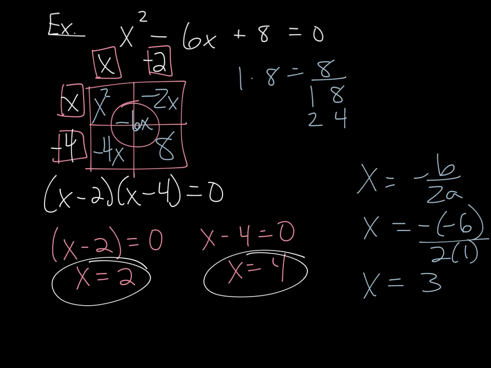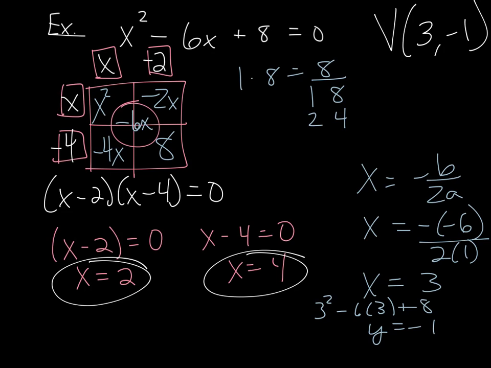And then I'm going to plug it in up there, and I get 3 squared, which is 9. Okay, so I'm doing this 3 squared minus 6 times 3 plus 8. So I have 9 minus 18, which would be negative 9 plus 8 would be negative 1. So y equals negative 1. So my vertex is 3 comma negative 1.